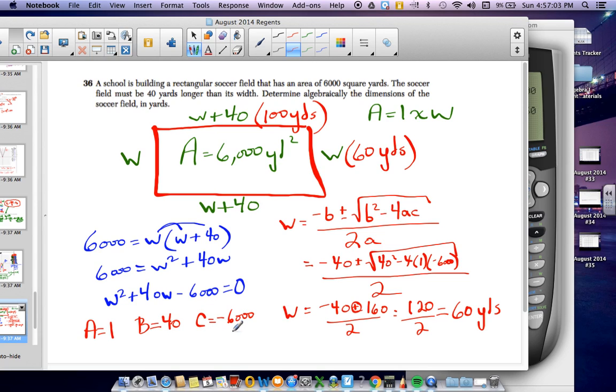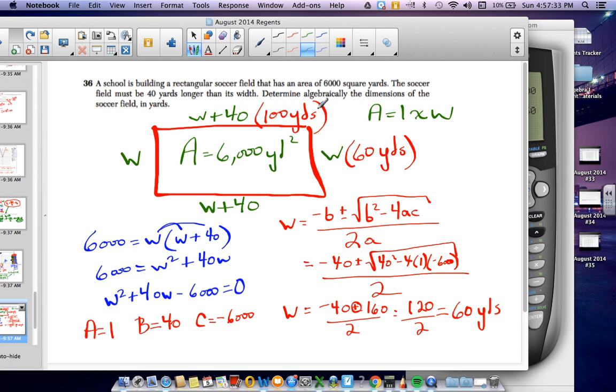You would have got W equals 60 by setting your mini equations equal to 0. But we did it a little bit longer way, I guess. But the quadratic formula will always work. It's a good safety, if you're having trouble coming up with the numbers, sometimes a 6,000 can scare people away. So I wanted to show how to do it with the quadratic formula. Good fallback plan.